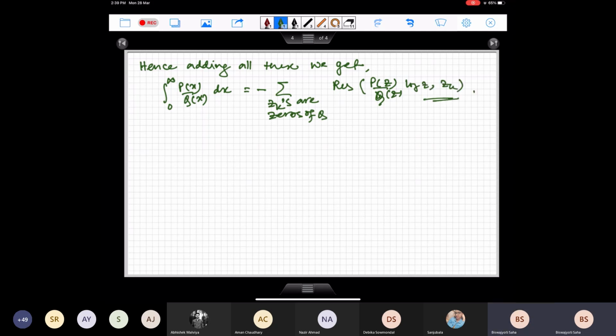So this is the integral that we are going to get. That's the formula for this integral from 0 to infinity.